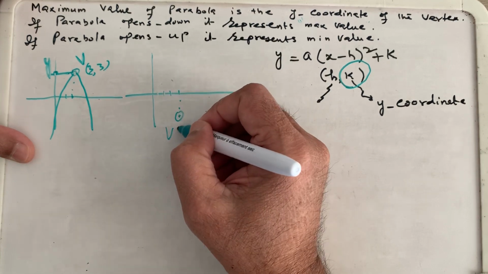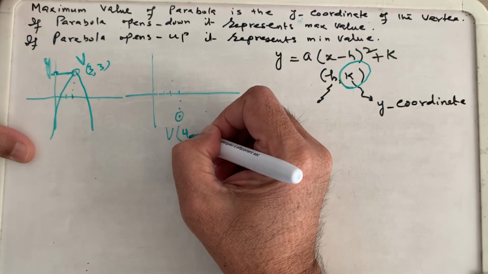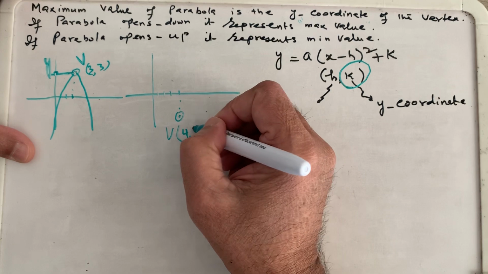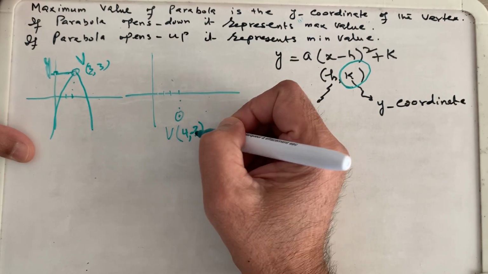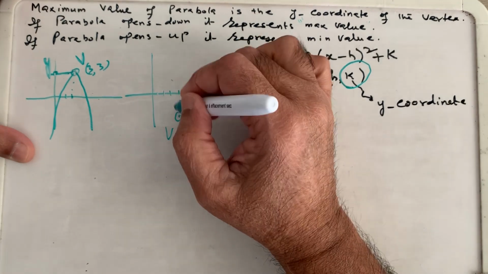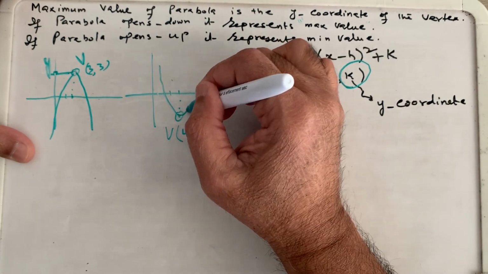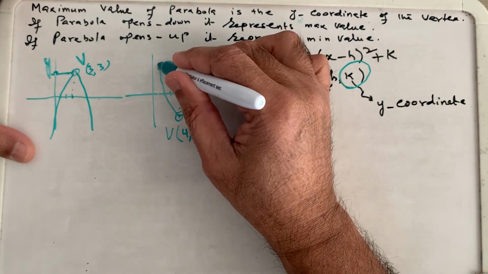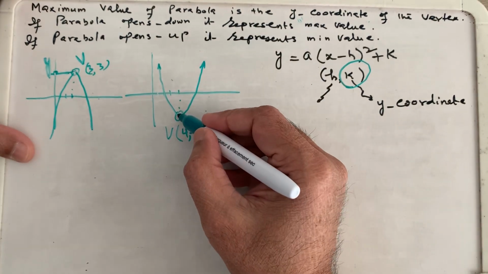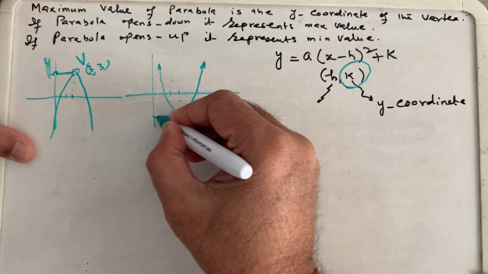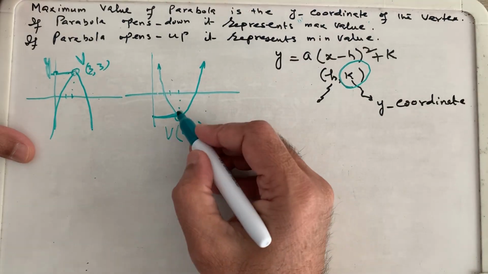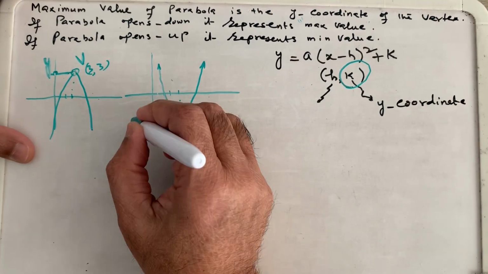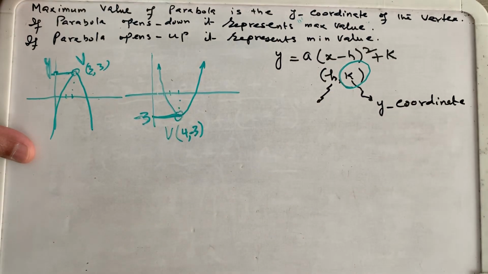I said 4 and 3, but it's minus, so y is minus in this case. And now my parabola is here. So where am I going? I am not going anywhere lower than this value, which is minus 3 on the y-axis.